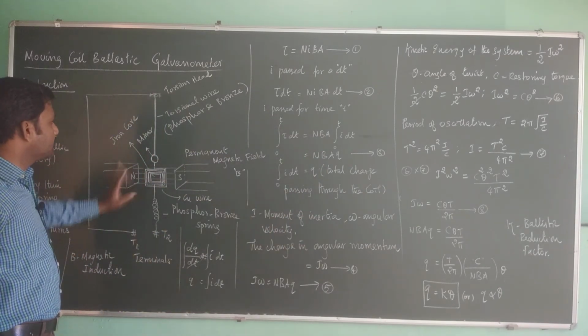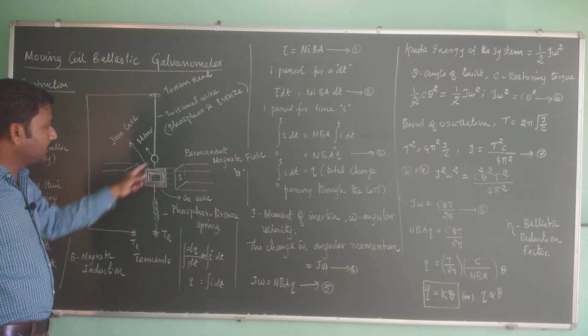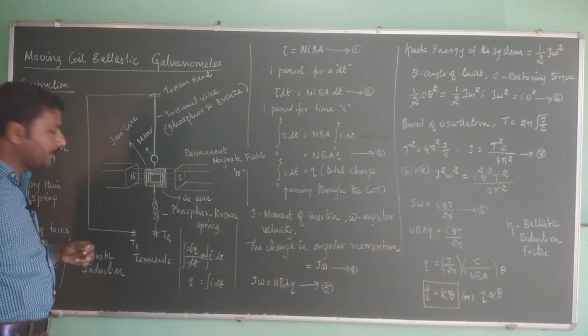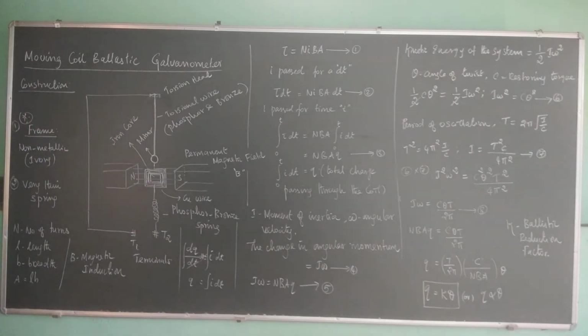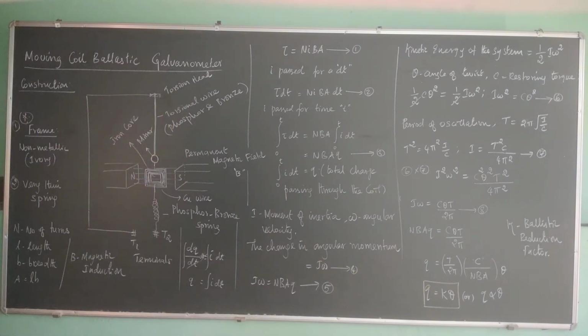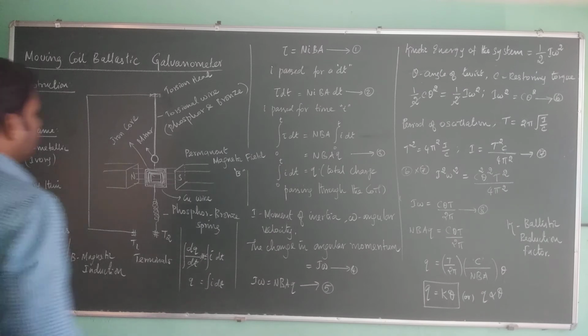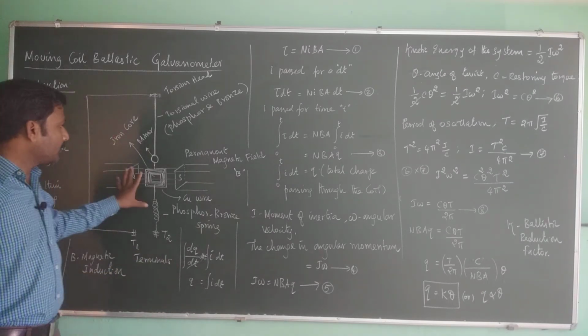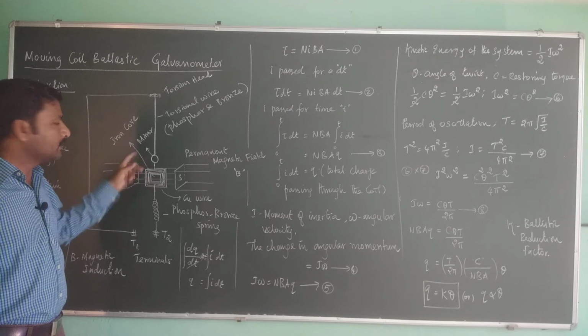In this setup, assume that n number of turns are wound on the ivory non-metallic frame.